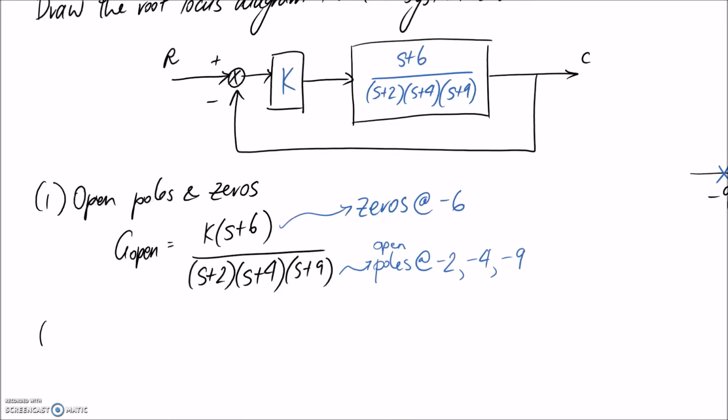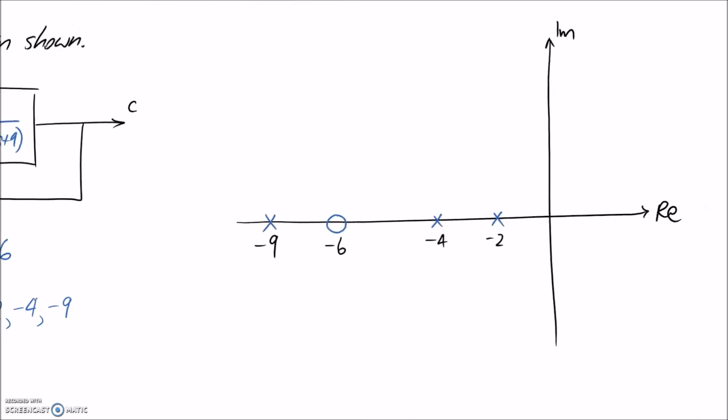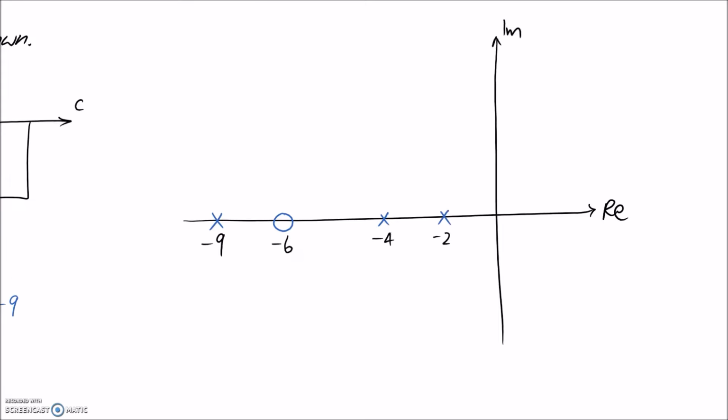Step 2 is to do the real axis line segments. For this, we look at our root locus diagram, and we're going to join together every second set of poles or zeros, whatever it might be, as we move from right to left. Starting on the right, the first thing that we hit on the real axis is this pole at -2, and we need to join it to whatever's next on the real axis.